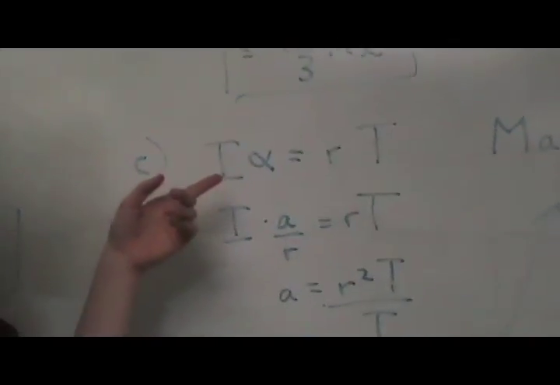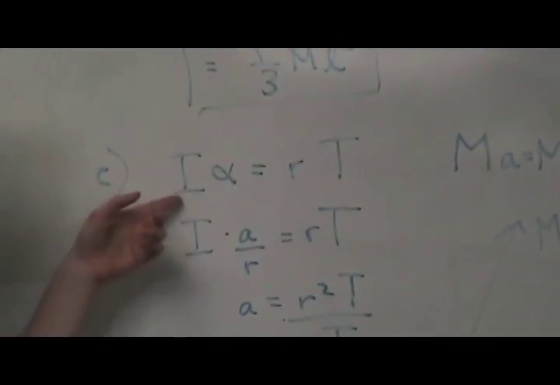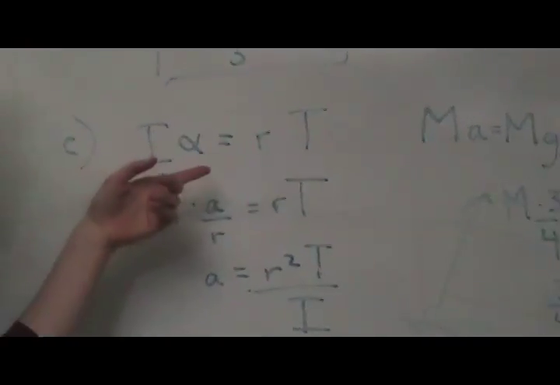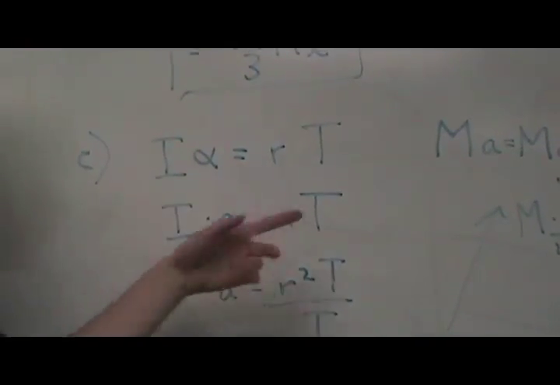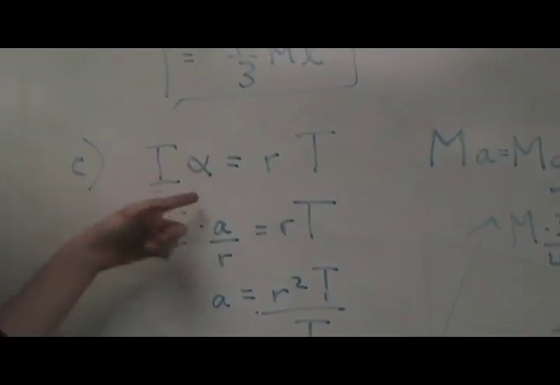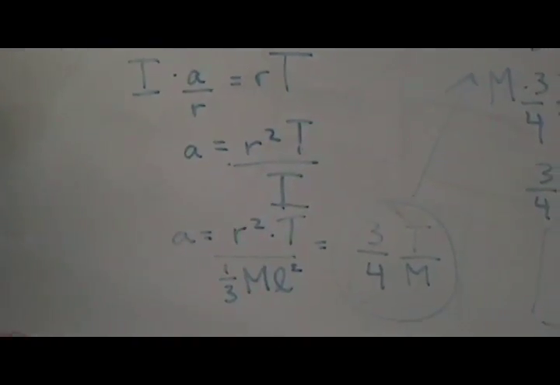So I used the 2 equations for torque, which are torque equals I alpha and torque equals R cross force, which in this case is the tension in the string. Solving for that, alpha is linear acceleration over R. You can plug that in, plug in the moment of inertia that you got for the entire system, and you end up with acceleration equals 3/4 tension over mass.